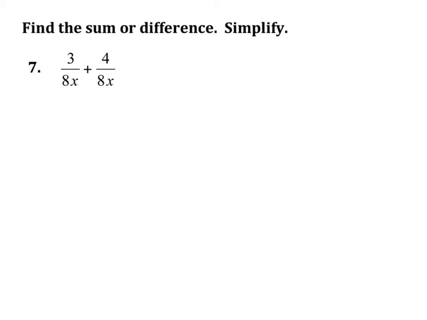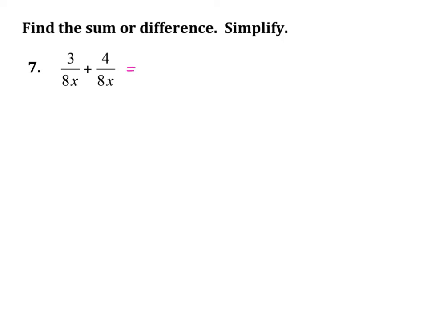So if we start looking at example 7, we left off here. It tells us to find the sum or difference and to simplify. The big thing that jumps out in number 7 is I already have a common denominator. That means I don't need to do any work before I can add these together.